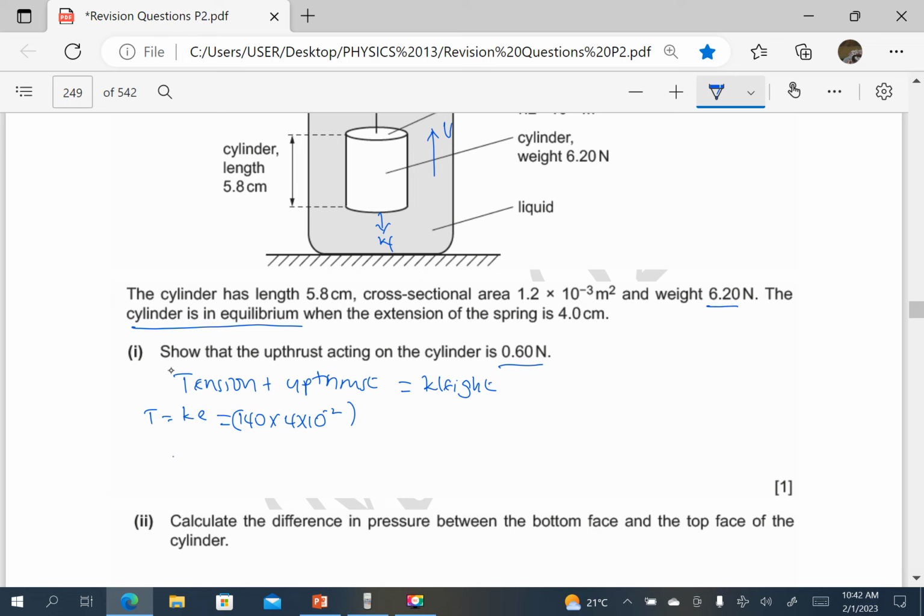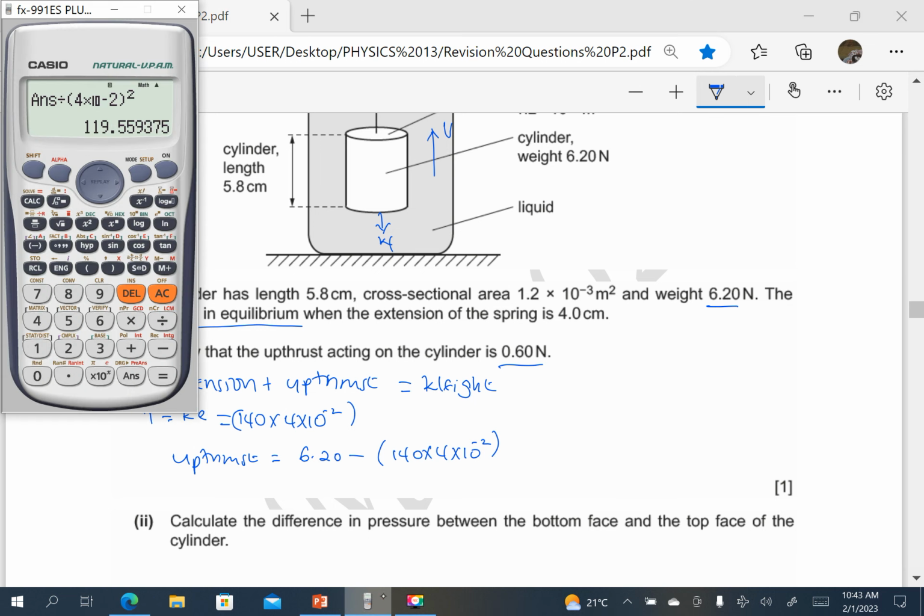Therefore, I just make upthrust the subject. So upthrust is going to be the weight, which is 6.20, minus 140 times 4 times 10 power negative 2. And 140 times 4 times 10 power negative 2 is 5.6.